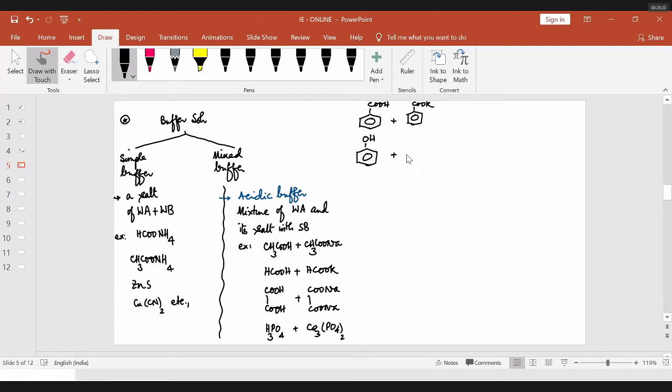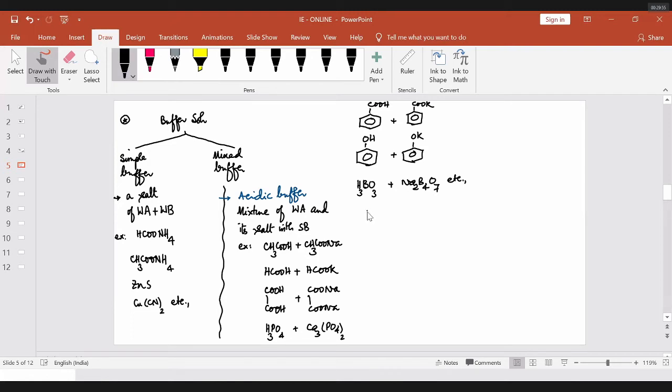Okay, it's an acid, therefore sodium phenoxide, potassium phenoxide. Potassium phenoxide along with phenol is an example, right? H3BO3, boric acid, and Na2B4O7, sodium tetraborate, a salt with strong base, right? Like this, we have so many examples. The more you practice these examples, the more you can enjoy buffer solutions, right?